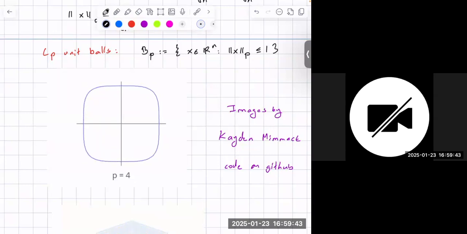So for example, what is the L2 ball? It's the unit ball we are used to, p equals 2. Now this code is visualizing, for different p values, how the ball looks. All right, so at infinity, you get a square.